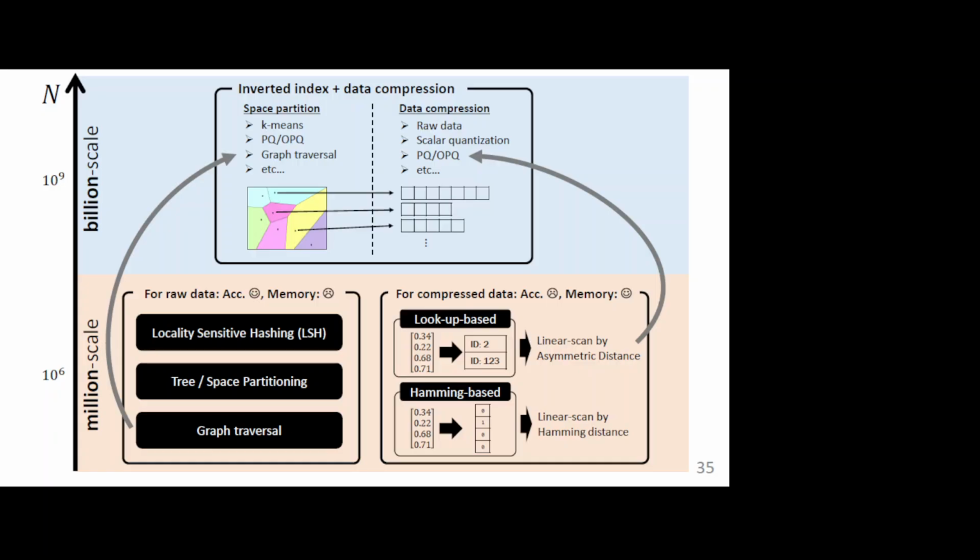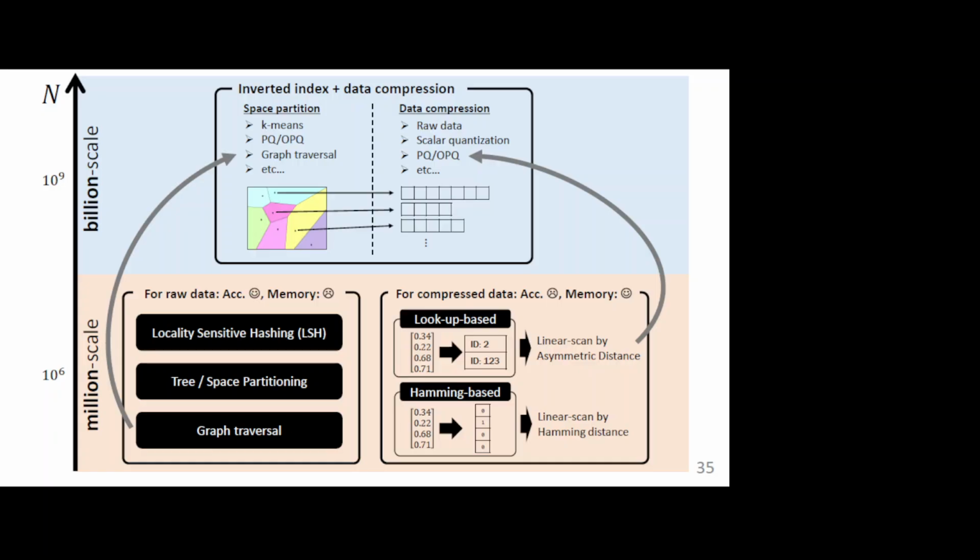Such techniques include lookup-based ones, like PQ, where you do the clustering and convert vectors into a cluster ID. Then you can use a lookup table to facilitate the search.